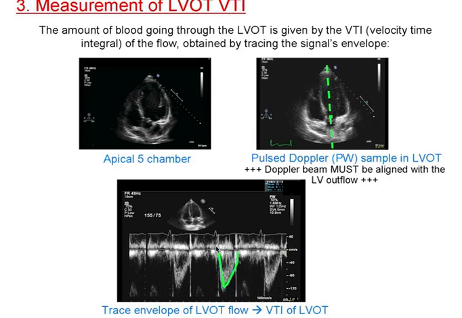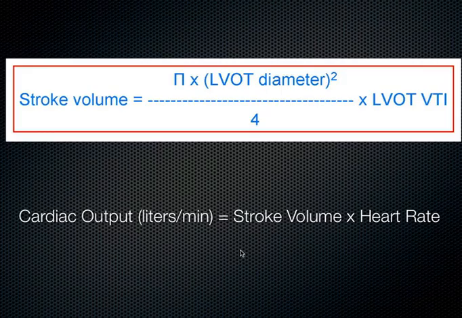And then you can manually trace this envelope of flow, or the computer actually does it for you automatically. Once it has that LVOT diameter which you measured, it squares it, times pi divided by 4, and then multiplies it by the velocity time integral, or that envelope.